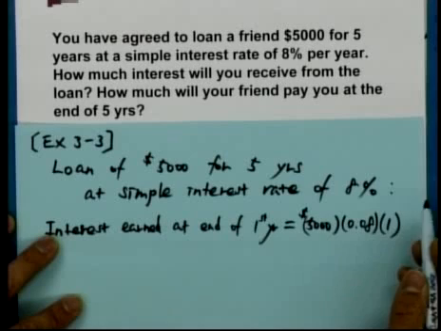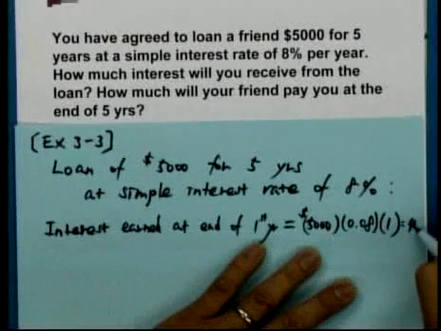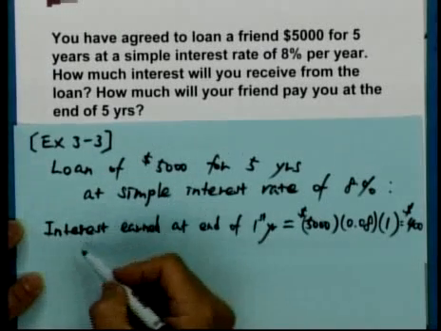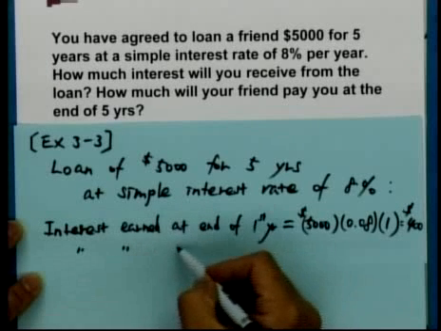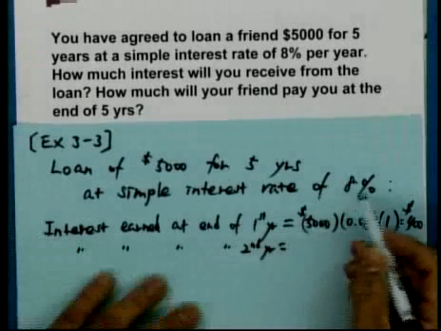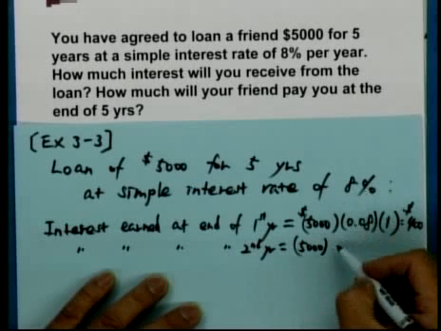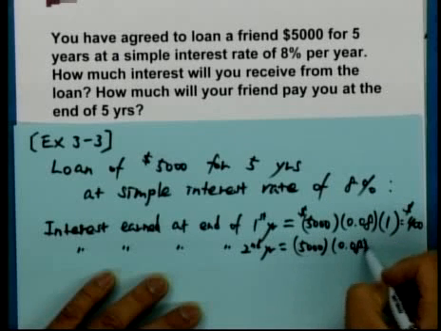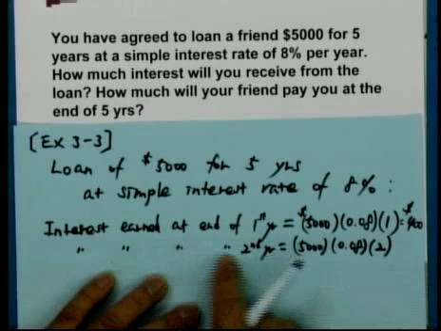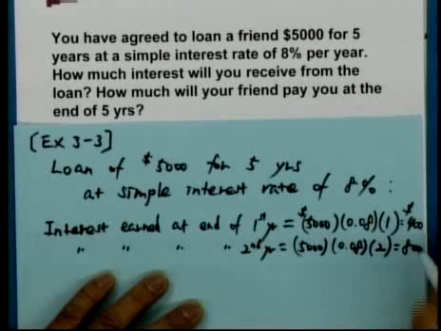That is going to be $400. Okay? What about interest earned at the end of the second year? That's going to be the same 5,000 times 0.08 times, this time you need to multiply it by 2 because it's at the end of the second year. That's going to be $800.